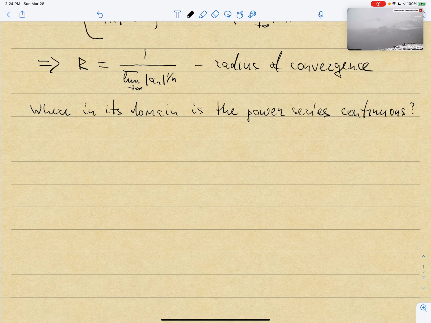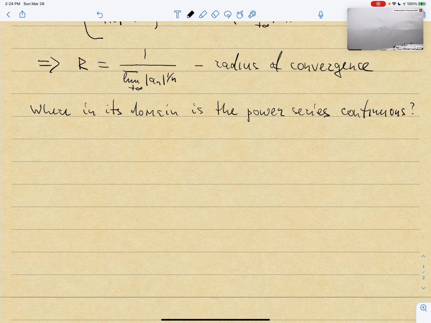So we already know that the power series is going to converge on an interval of convergence, but whether or not it is continuous, we don't know. And to determine if the power series is continuous or not, we need to test the series for uniform convergence. And we have done that before. And what did we do? We used basically the Weierstrass M-test.